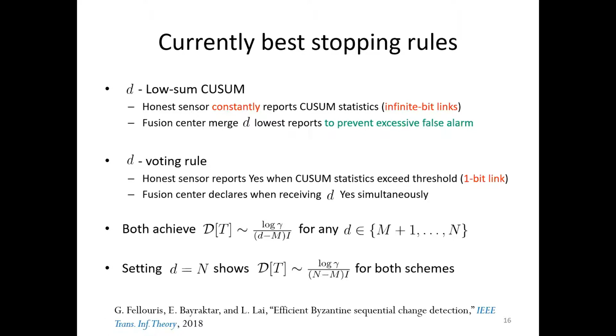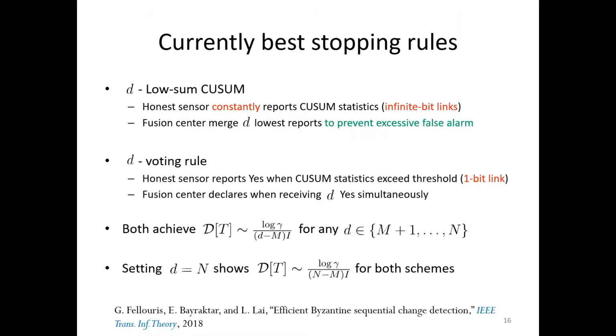So if we merge all the CUSUM statistics, then the compromised sensor can send a very large number and trigger the false alarm. Okay, so this is why they just pick D reports to merge. Okay, and this D here is a parameter to be designed.